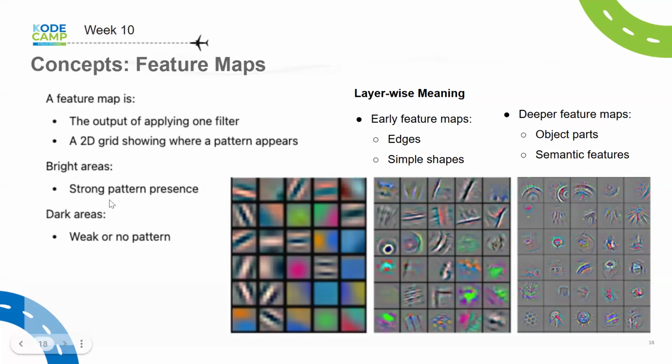Bright areas in a feature map typically mean that the feature is strongly detected by the filter that generated it, while dark areas mean that the feature is not strongly detected. If you look at examples of early layers, you see the edges being detected.